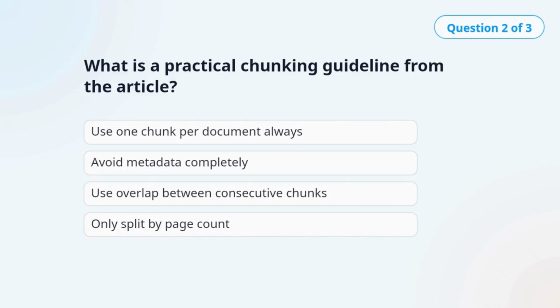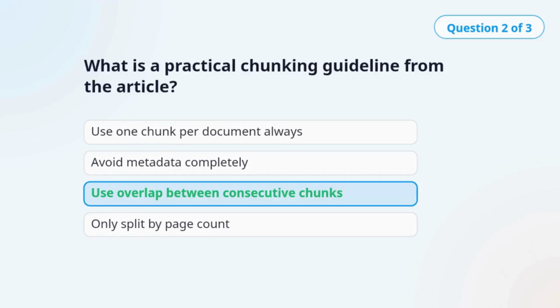Question 2. What is a practical chunking guideline from the article? The correct answer is use overlap between consecutive chunks. Overlap helps preserve information that might otherwise be lost at chunk boundaries.